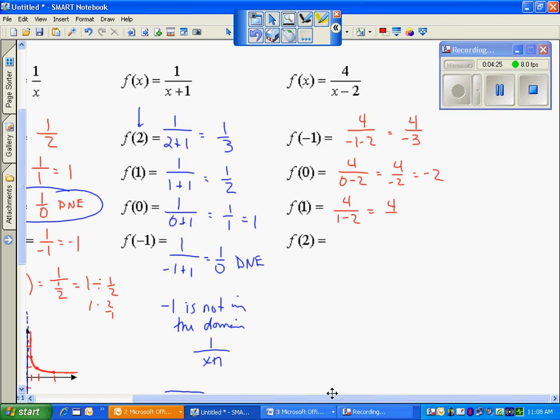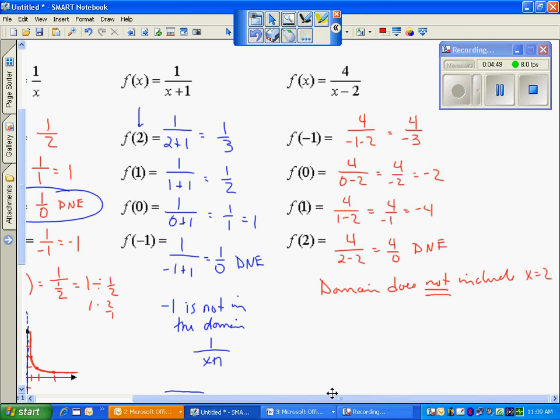And now 4 over 2 minus 2 is 4 over 0. So that's my does not exist. So we say the domain does not include, the important part, does not include the value 2, because as soon as I put 2 in this position, I get a 0.